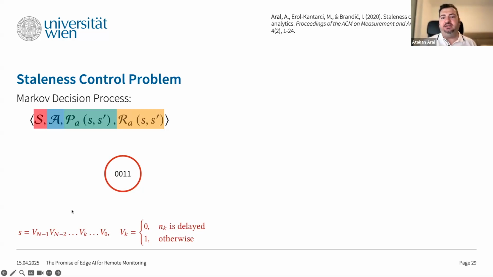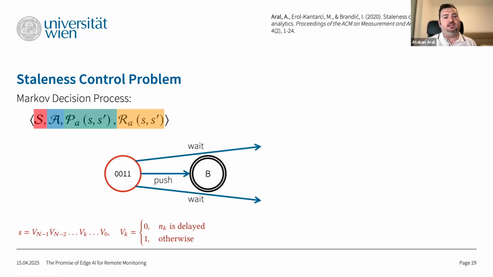And 2 are delayed. Then the actions we can take is push, which means we decide that this data is good enough to build our global model. So we broadcast it immediately, and this is the end state. Basically, our decision process ends here.